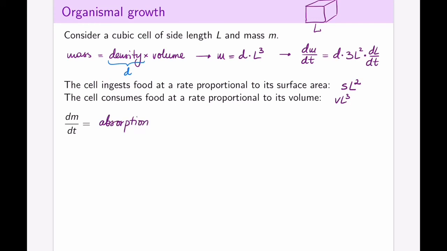It adds to the mass, whereas the consumption is something that we have to subtract because this is what the cell needs to consume to live, and therefore the nutrients actually go away and do not make the cell larger. Now, luckily for us, absorption and consumption are exactly the things that we have just derived, so we can plug them in. Absorption is going to be SL squared, and consumption is going to be VL cubed.